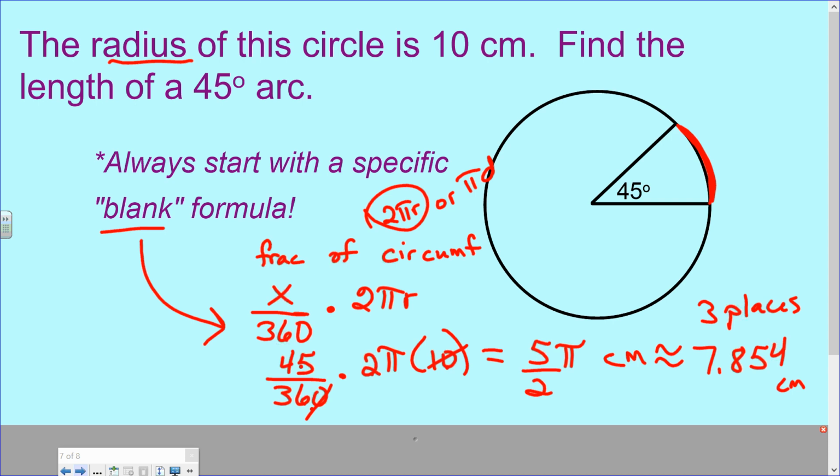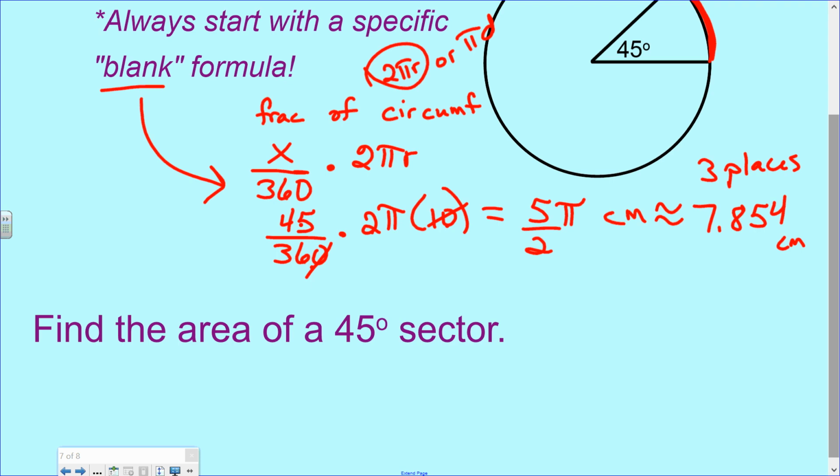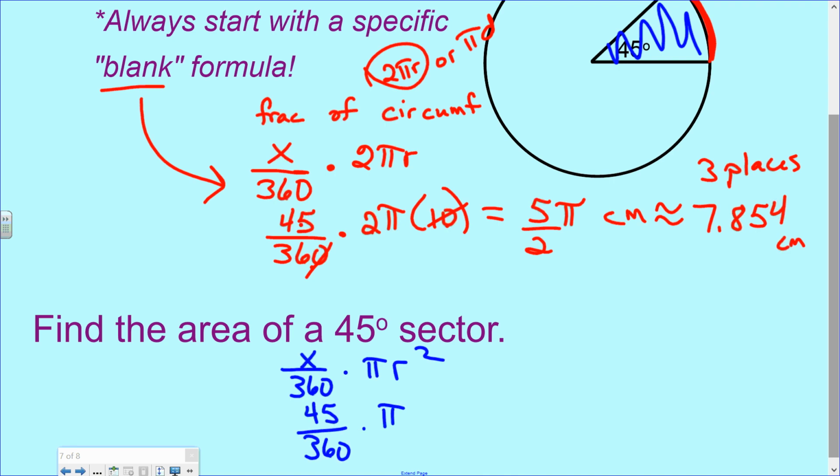Okay, let me do one more of these then. For this same picture, now I want to get the area of the sector, so I want to shade that in. This time my formula is going to be the fraction times the area, so x out of 360 times pi r squared. So again, the 45 out of 360, and the radius is still 10.